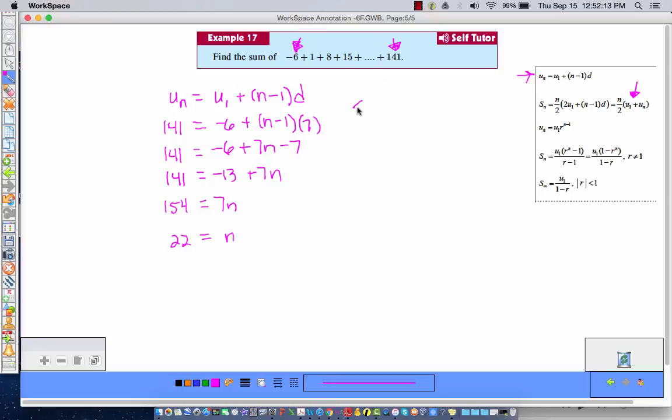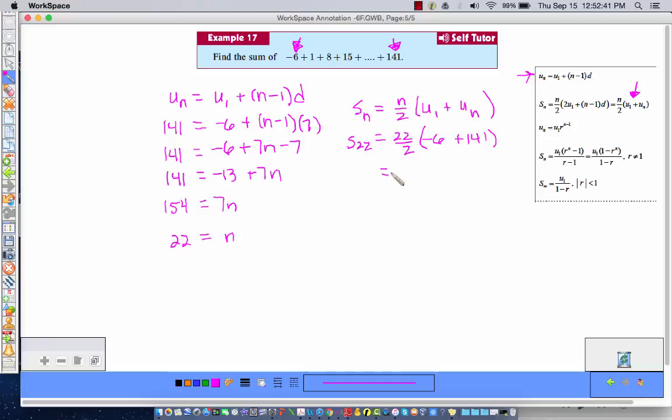And so to find the sum of those terms, pretty simple. I would use this formula, n over 2 times the sum of the first and the last terms, u sub n. So I'm doing S of 22, so that's 22 over 2 times -6 plus 141.